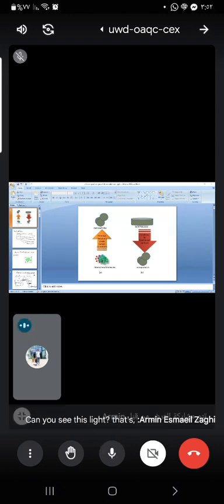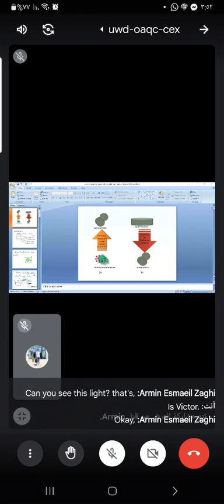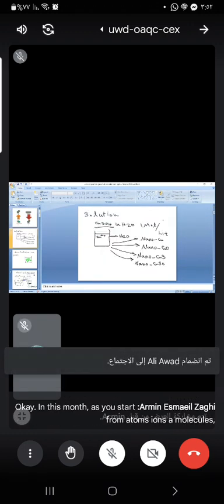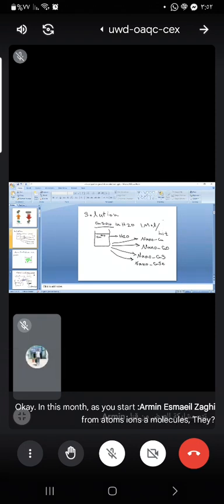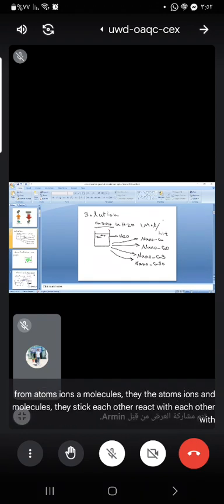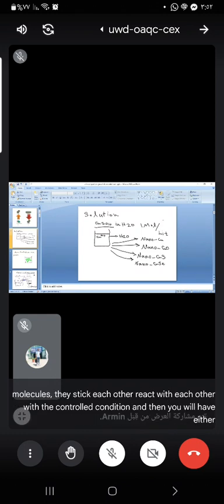Yes, doctor. Okay. In this method, you start from atoms, ions, and molecules, and they stick to each other and react with each other under controlled conditions, and then you will have either nanometallic particles.